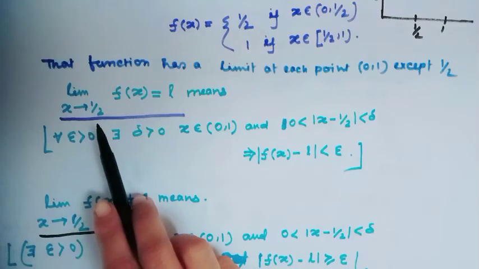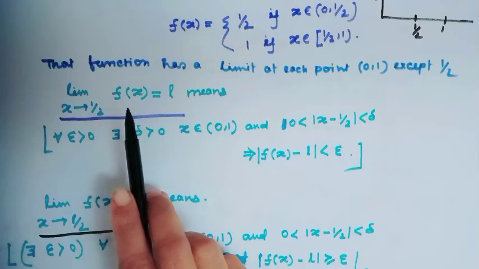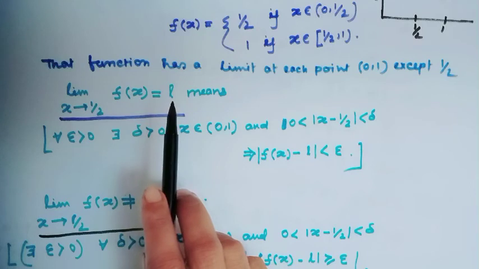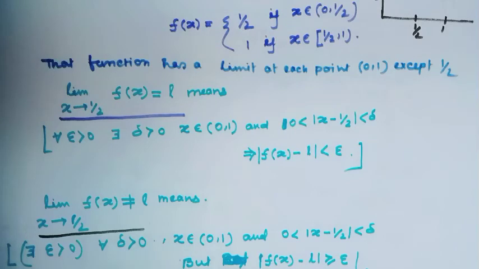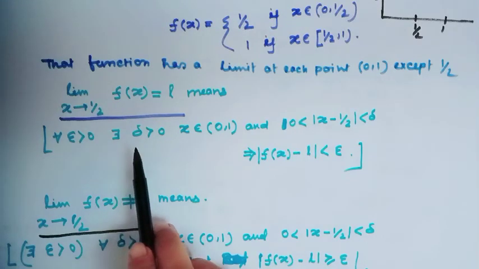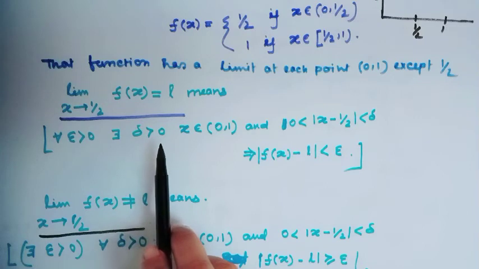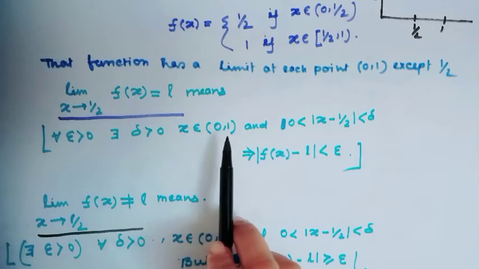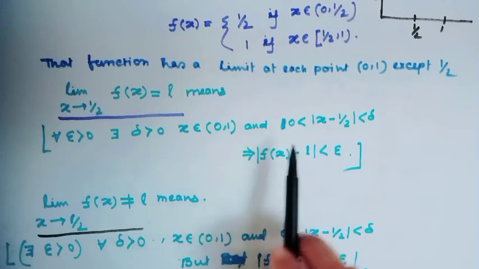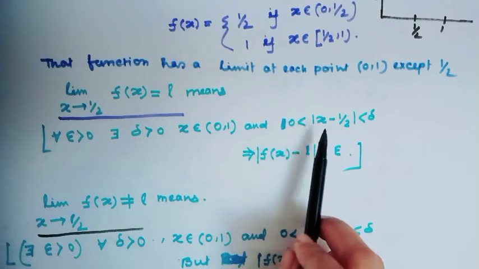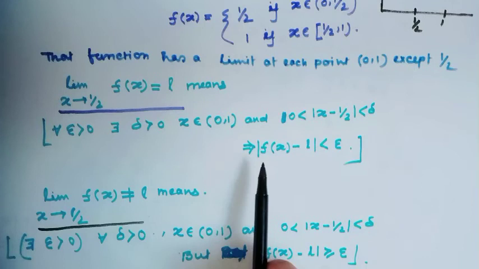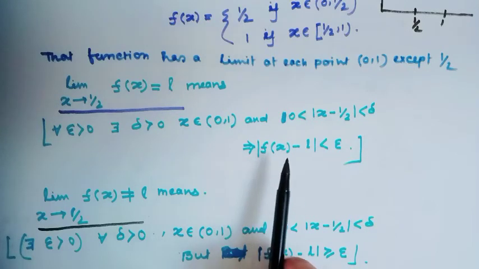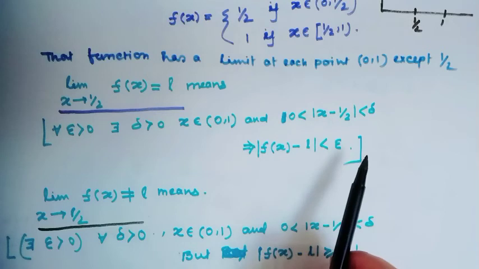What do you mean? If limit f(x) equals L when x goes to 1/2, this means for all epsilon greater than 0, there exists delta greater than 0 such that x belongs to the open interval (0, 1) and 0 strictly less than absolute value of x minus 1/2 strictly less than delta, which implies absolute value of f(x) minus L strictly less than epsilon.